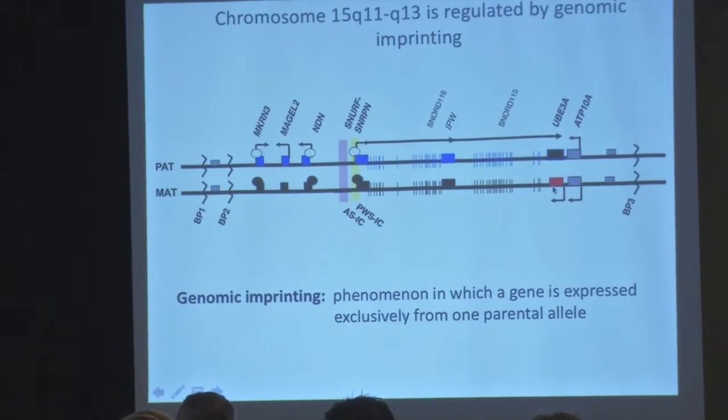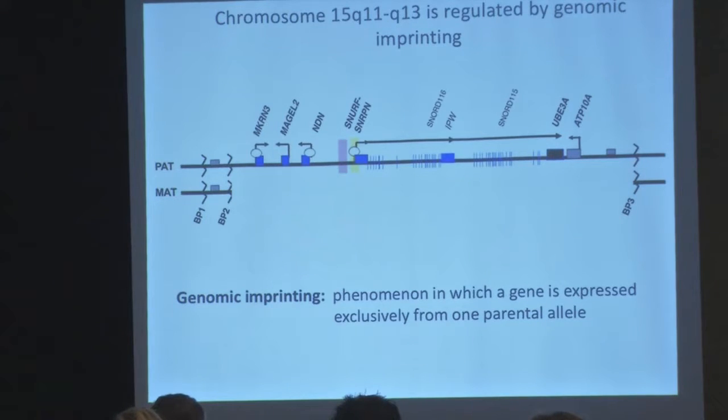So this region is flanked by repetitive elements. We've given them a shorthand of breakpoint 1, breakpoint 2, and breakpoint 3 because they're common breakpoints due to these repetitive elements. They misalign during meiosis, and the deletion of either the maternal or the paternal allele can occur.